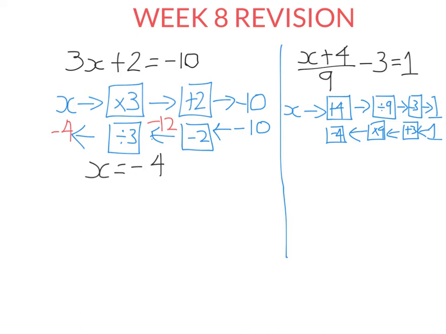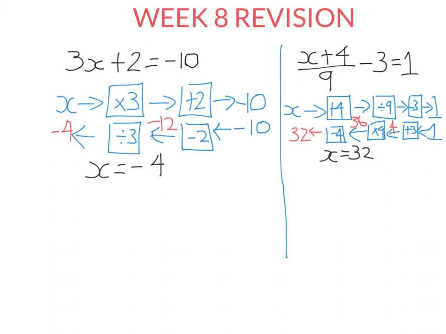So now I'm just going to start at 1 and follow the path. 1 plus 3 is 4. 4 times 9 is 36, and 36 minus 4 gives 32. So the solution to the equation is x equals 32. If I substitute x for 32 into this equation here, I get a true statement because 32 plus 4 divided by 9 minus 3 is equal to 1.